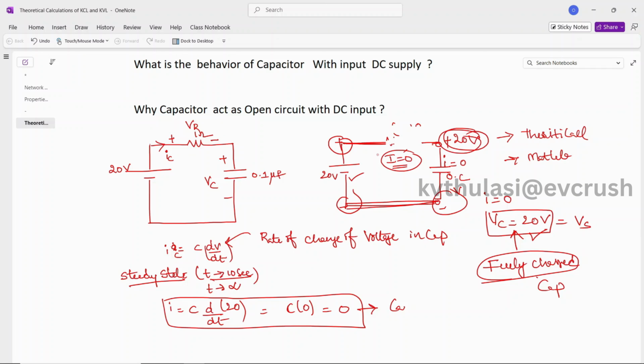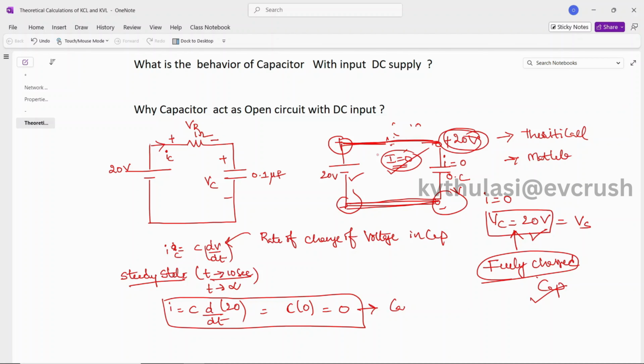Here the current is 0, so 0 into resistance gives no drop, and the source voltage will be equal to the capacitor voltage. That's how the capacitor acts like an open circuit in the final state and becomes a fully charged capacitor. Therefore it doesn't allow current to flow once it is fully charged.